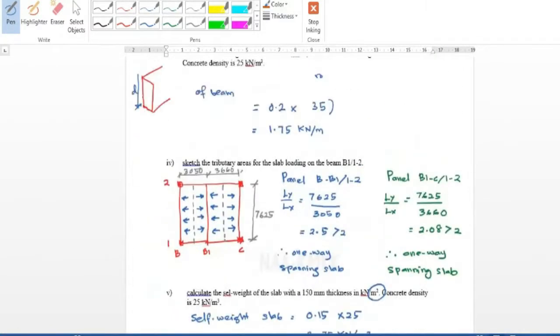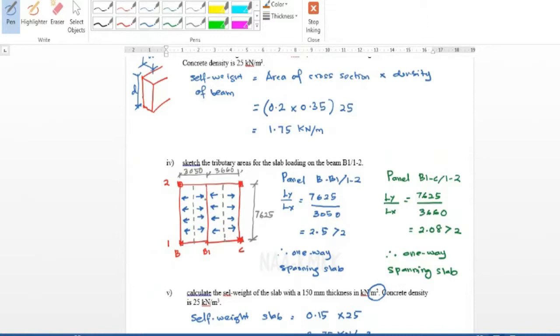Total load of this slab is 11.36. It means for panel B112, the ultimate load of slab is 11.36, and also for this beam and this slab.